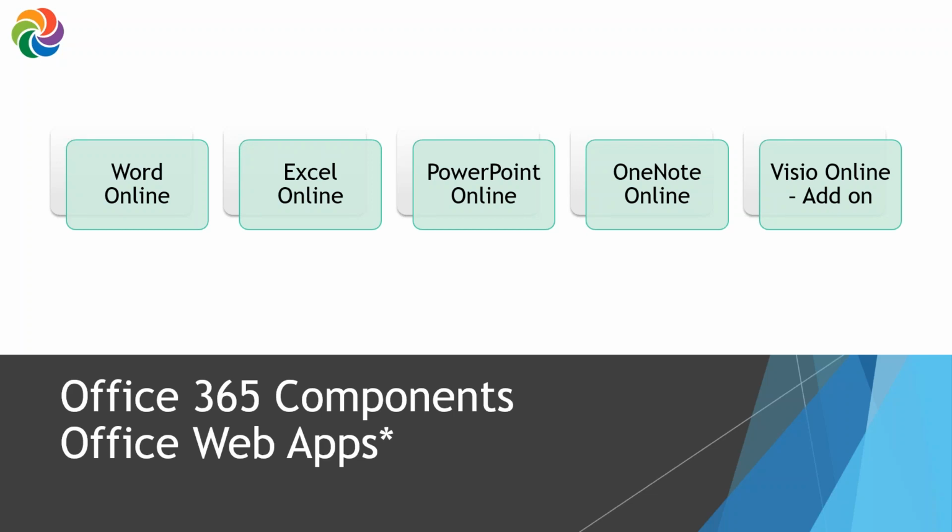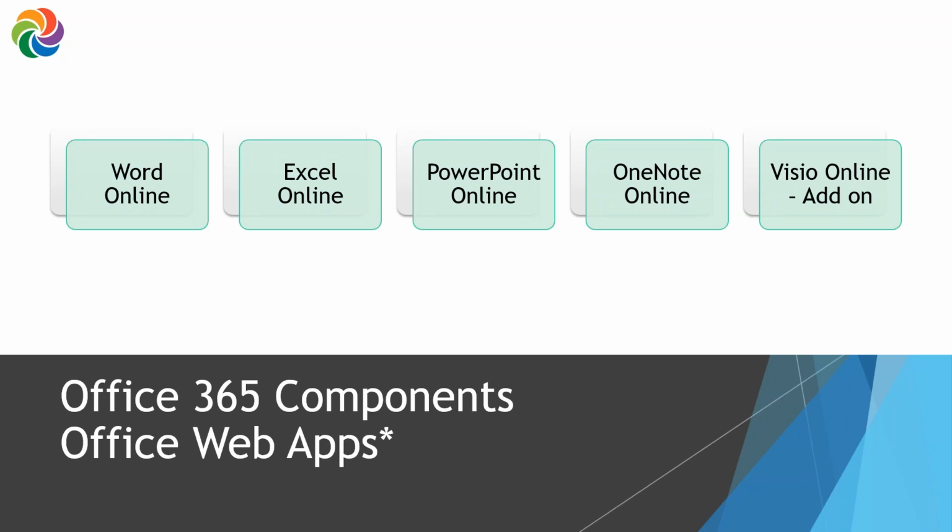When you have Office 365, almost all of the versions of Office 365 include Office web apps. What that means is you can log into your Office 365 and you can get to Word, Excel, PowerPoint, OneNote, and now Visio. Visio is an add-on, I should say. The rest of them are just part of it.